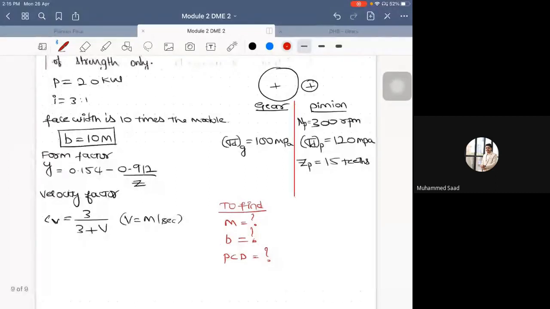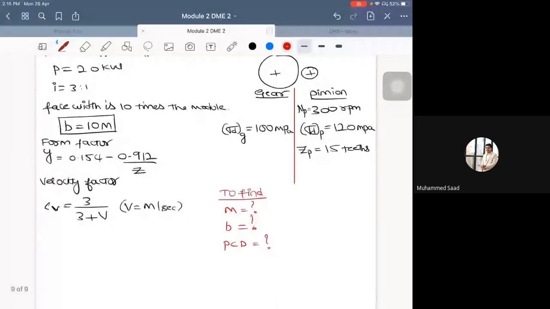Now, before any problems on gears, first you have to identify the weaker section. What are the two sections you have? One is the gear and the other is the pinion. According to you, which could be the weaker? Pinion would be the weaker section because it takes more load, isn't it?